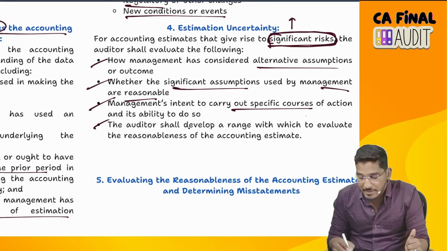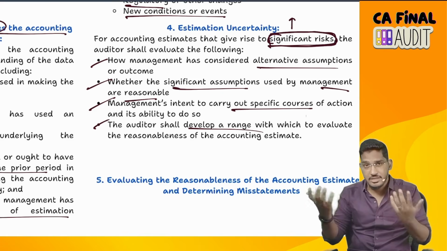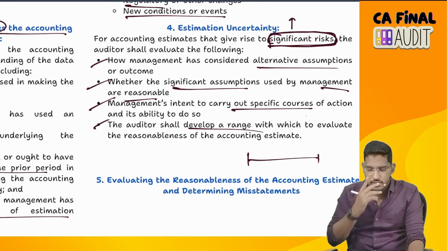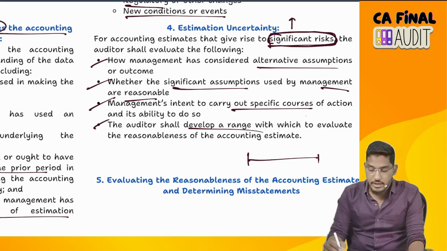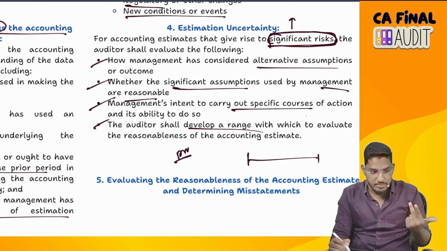And also the auditor should develop a range within which to evaluate the reasonableness of the accounting estimate. So even as an auditor, depending on your understanding and knowledge, you can develop a range that we generally call an audit range estimate. So say the auditor is evaluating the provision for bad and doubtful debts. He will evaluate the industry, terms and conditions, debtors' repaying capabilities and all.